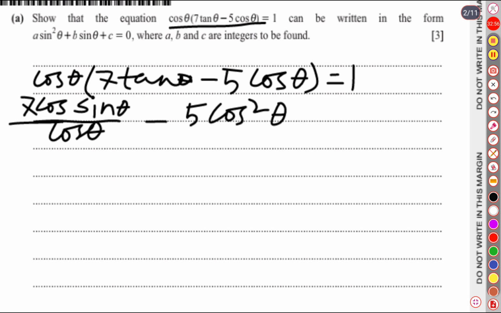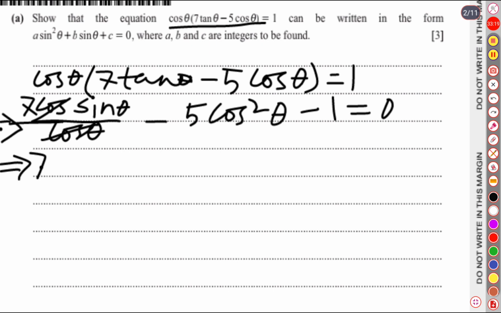That 1 can be transposed to the left side, negative 1 equal to 0. So here cos and cos can cancel each other.